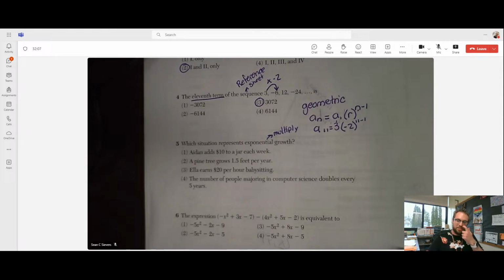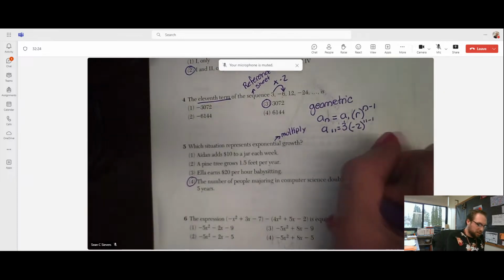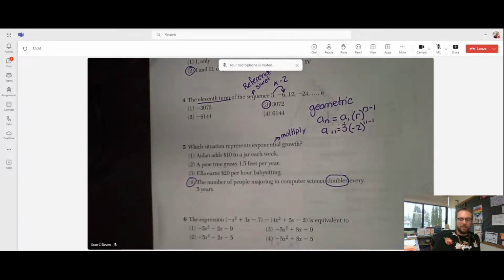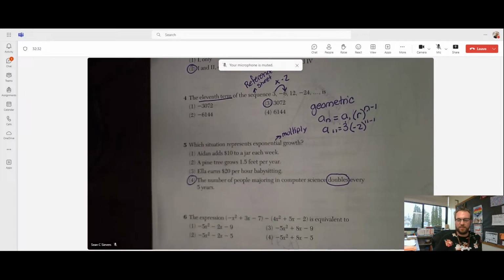So which one of these answer choices would be multiplying? All right, cool. We got 2 votes, and they are both for answer choice 4. And that is correct. The word doubles here indicates to me that we are multiplying by 2 every 5 years. Okay, so that multiplication tells us that that's an exponential growth.